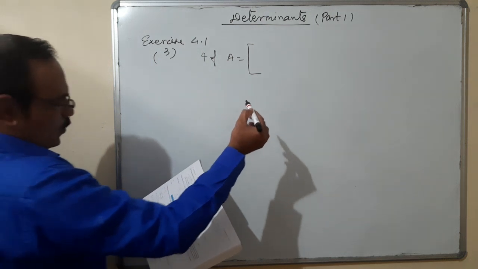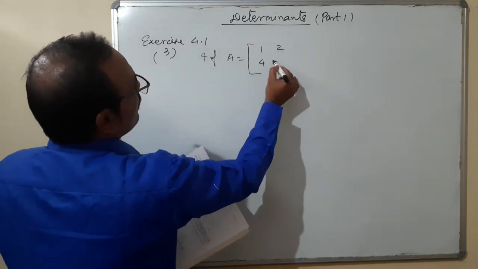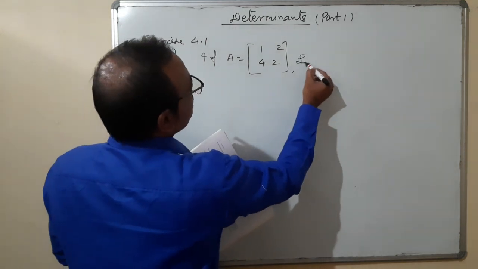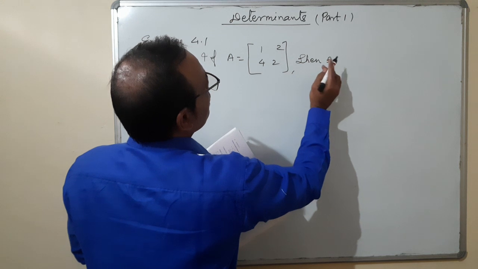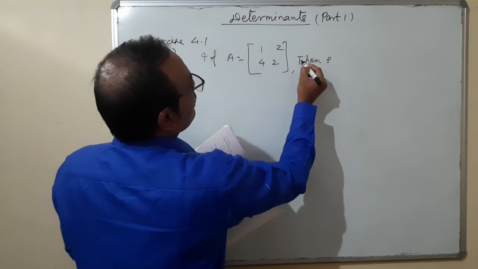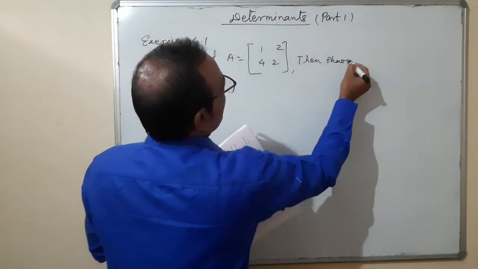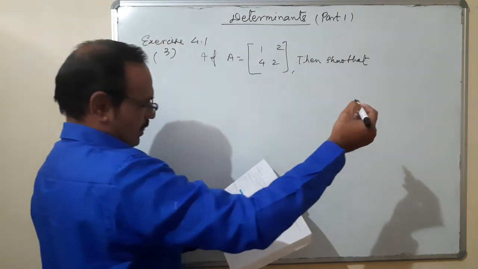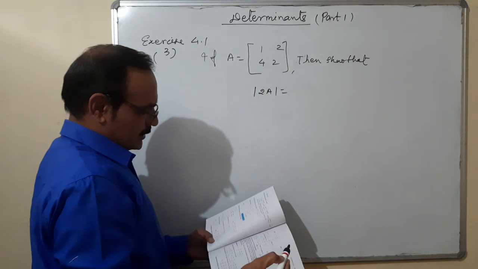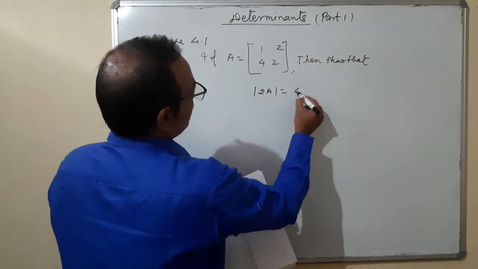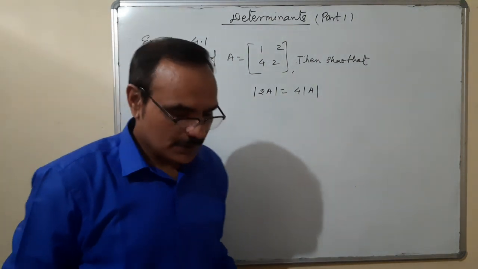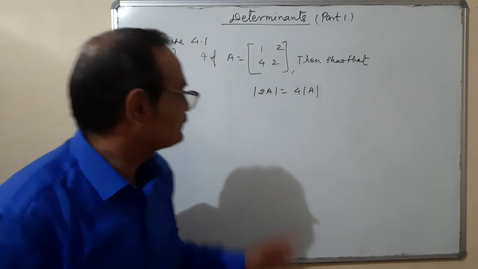then show that the determinant value of 2A is equal to 4 times the determinant value of A. I have taken this question so that you will understand the procedure.